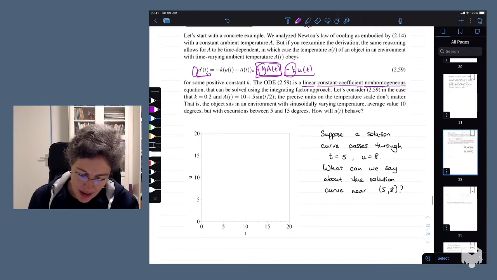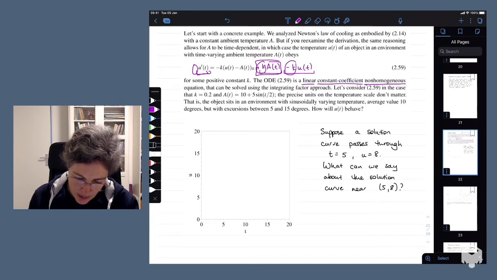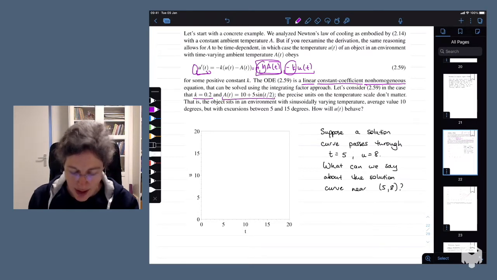Let's look at a specific version of this equation. We're going to let k equal 0.2, and we're going to let our ambient temperature vary sinusoidally.